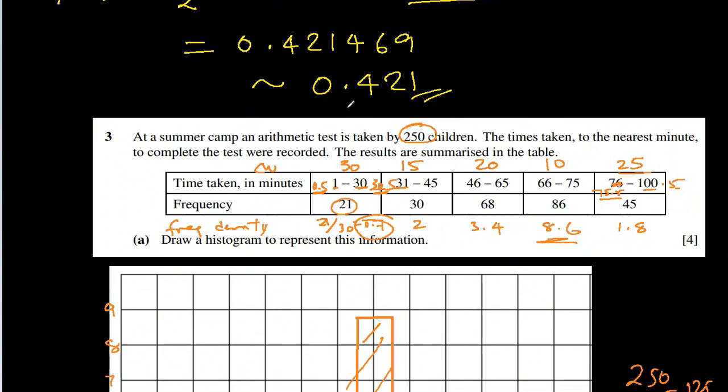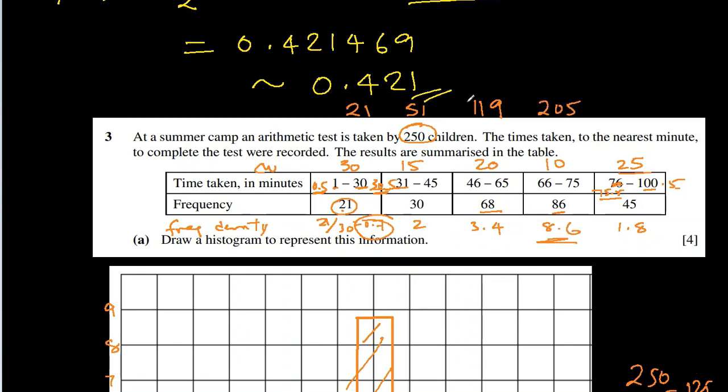First one is 21. That is the frequency of the first one. Then we add 21 and 30, 51. Then 51 and 68 will be 119. 119 plus 86 will be 205.